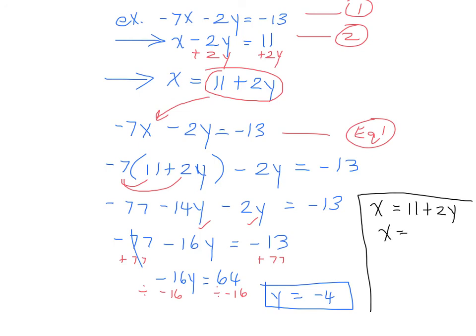X equals, therefore, 11 plus 2 times negative 4. Where did I get this negative 4? That's right, from there. Which means that x is equal to 11 minus 8. So we know now that x is equal to 3.